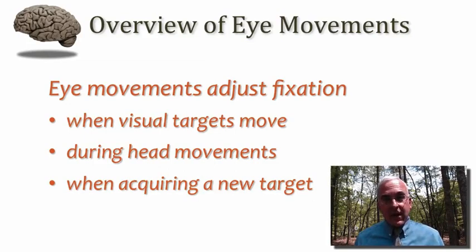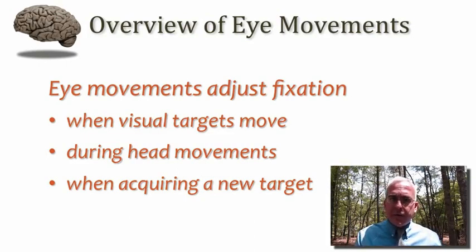Well, that act of acquiring the view of your clock, wherever it may be, on your computer screen, a wristwatch strapped to your arm, or maybe on your phone that happens to be nearby, or maybe a clock on the wall, all of that required some change in visual fixation. So that's yet a very specific kind of eye movement that we want to try to understand, and we want to be able to discuss the circuitry that's necessary for making these kinds of eye movements in order to acquire a new visual target.